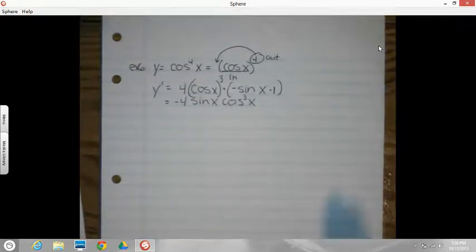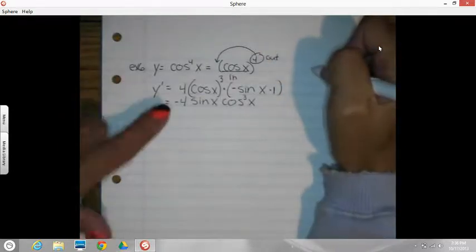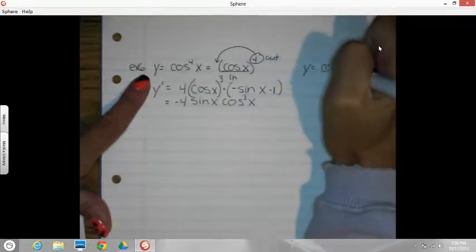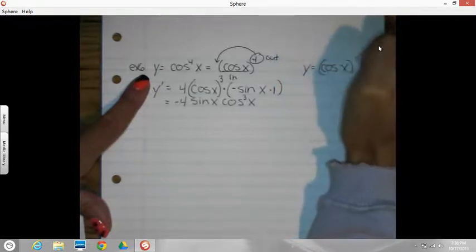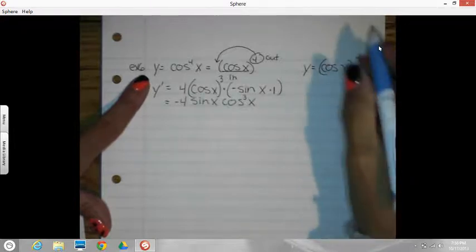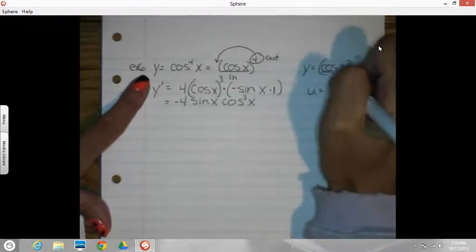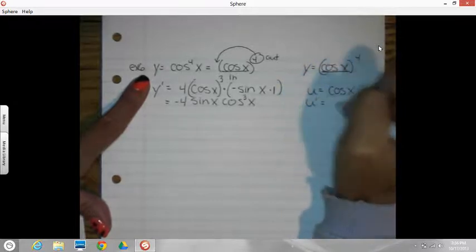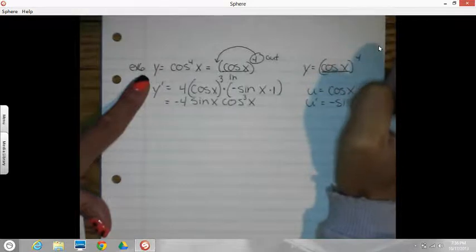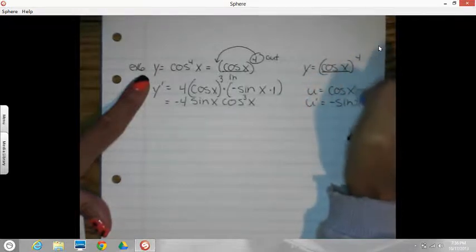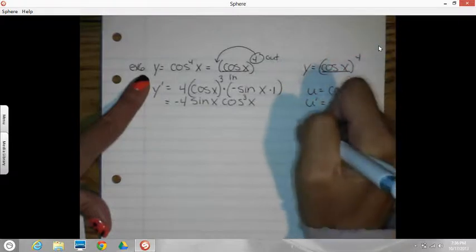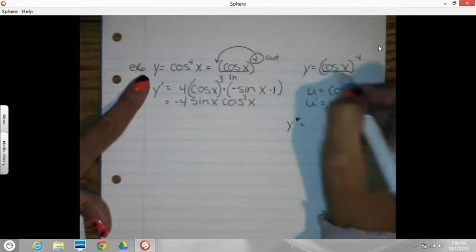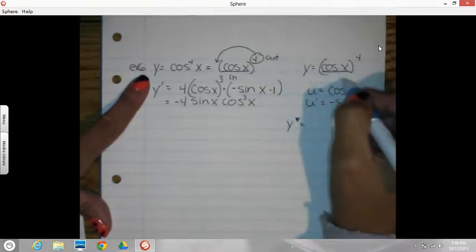Okay, if you like, fast forward if you want to. Here I started with cosine x to the 4th. If I want to do the u thing, I let u always equal the inside. Inside is cosine x. U prime is going to be negative sine x times 1, because the derivative of x is 1. So y, rewriting this in terms of u. The cosine x is the u.